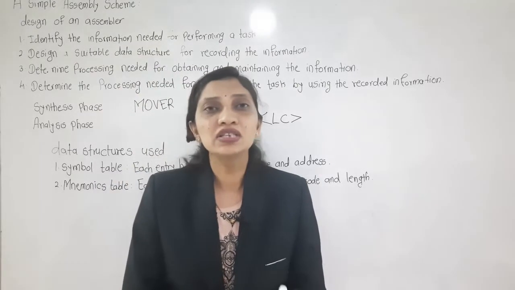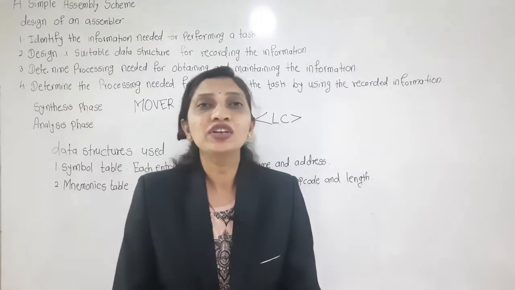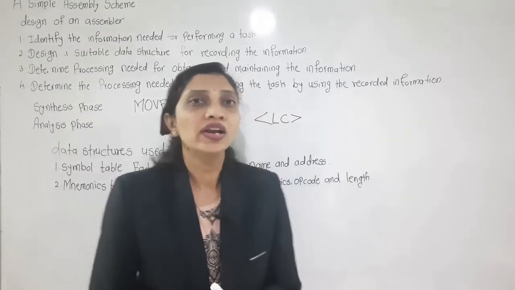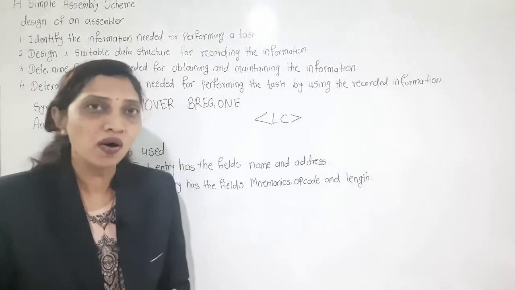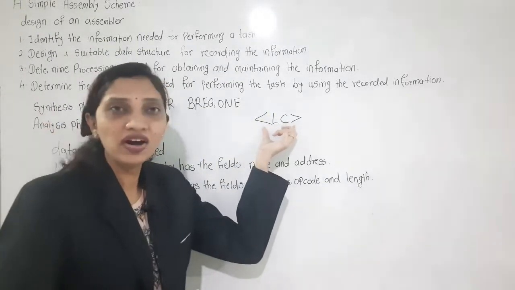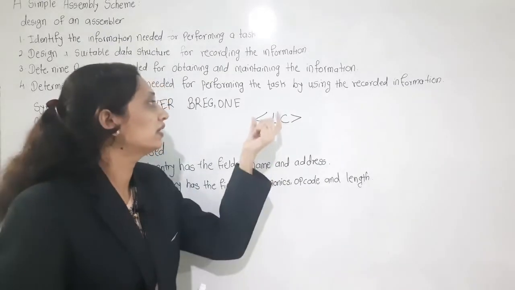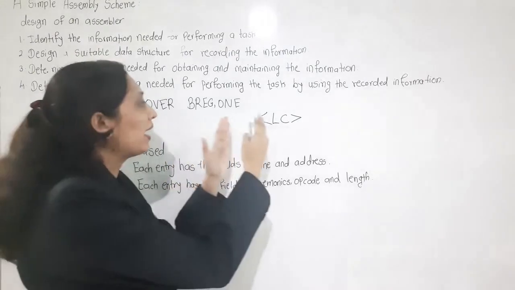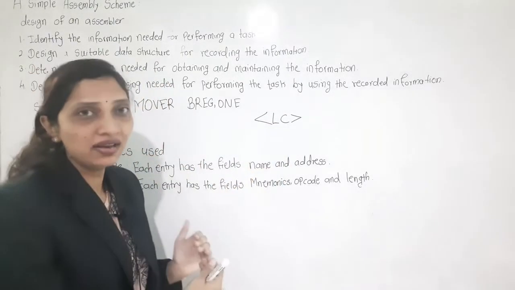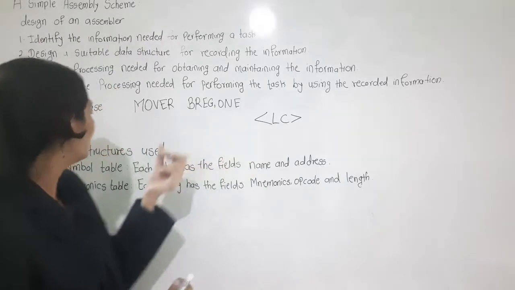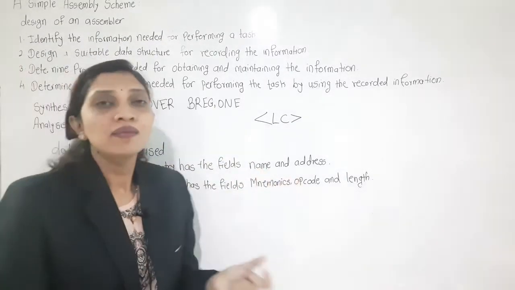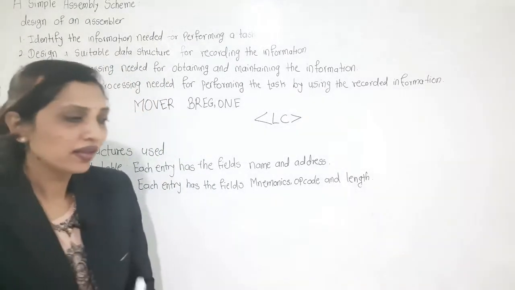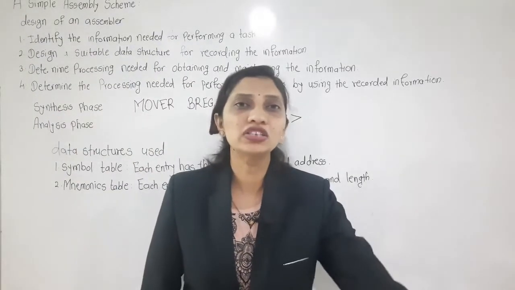And suppose some statement appears which contains a label, at that time the location counter takes that label as a symbol and takes the location counter value, and the entry is performed in the symbol table. In this way the memory allocation activity is performed with the help of the location counter.